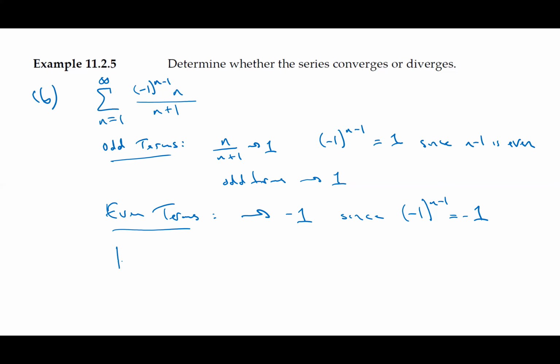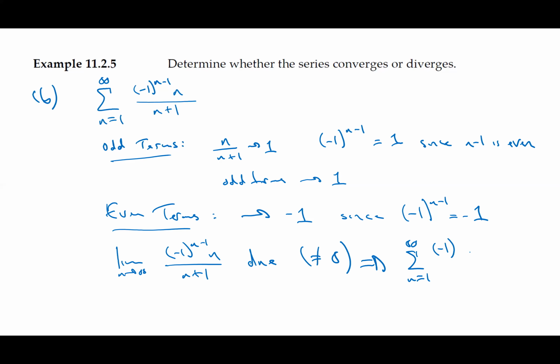And so the limit does not exist, and in fact can't therefore equal 0. And so this tells me that the series diverges, okay?